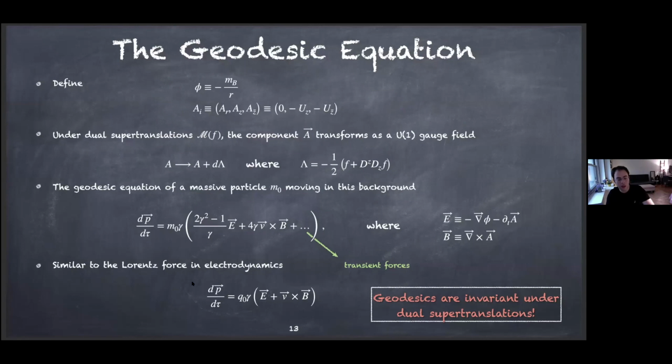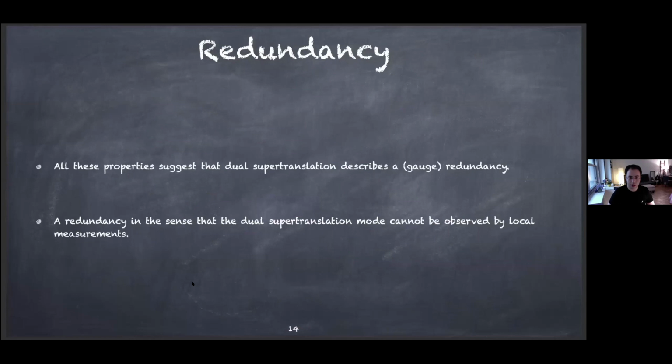All of these results provide evidence that dual supertranslation describes some kind of redundancy, maybe even something that looks like a gauge redundancy, but I don't want to use the word gauge. I will just say it's a redundancy, at least in the sense that the dual supertranslation mode cannot be observed by local measurements.